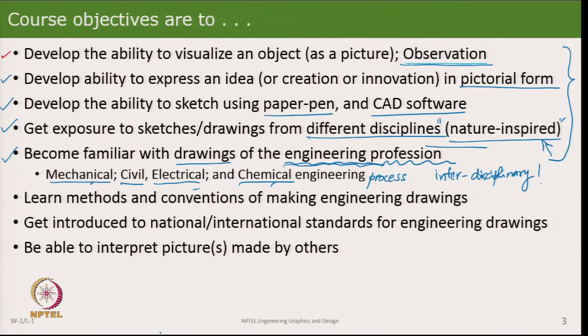Then regarding engineering drawings, we will learn the methods and conventions by which engineering drawings are made. So, in the first part, when you are sketching something, we are completely at liberty to make it any which way we want.